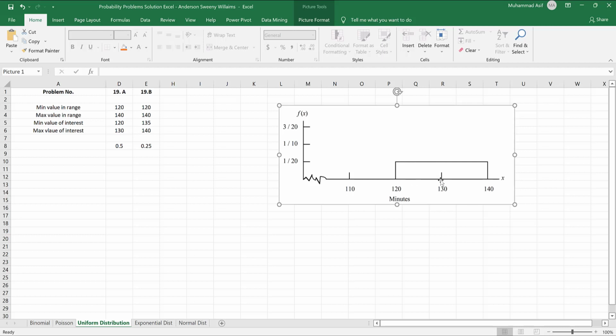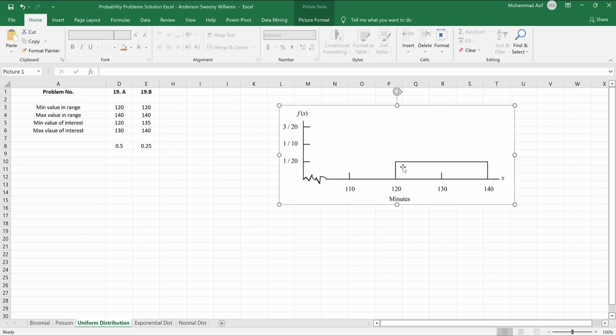When we do it manually, first of all we calculate the range, the difference between 120 and 140, that's 20, and then we calculate the height, which is the inverse of this width. So the width is 20 and the height will be 1 over 20, and that makes the whole area 1.